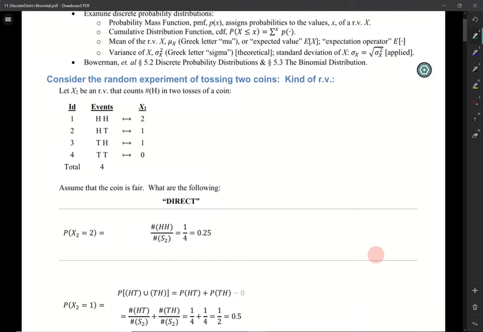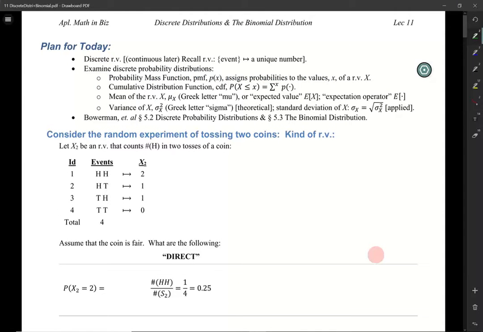So today, what we want to do is talk a little bit more specifically about probability distributions. Probability distributions are important in their own right because they help us understand randomness and quantities like revenue, costs, customers who come in today versus customers who come in tomorrow.